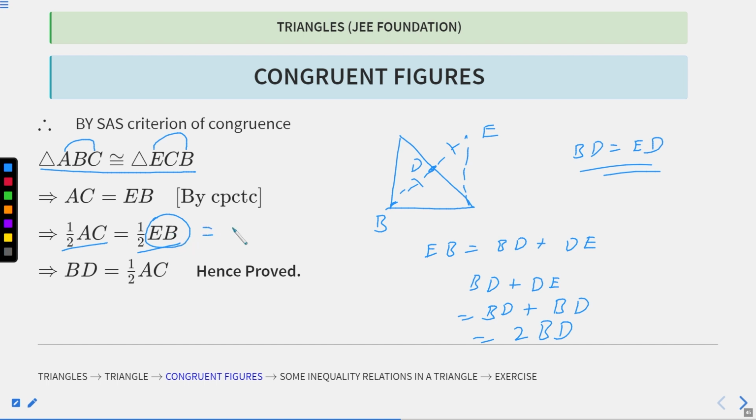From this I can rewrite half of twice BD, and this two gets cancelled. Then I will just have BD remaining. So BD is equal to half AC. I hope the proof is clear to you. Sorry for the little slip of tongue. I hope you did not get confused. So let's move to next.